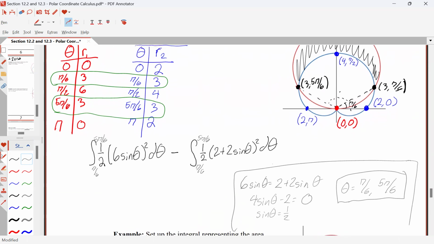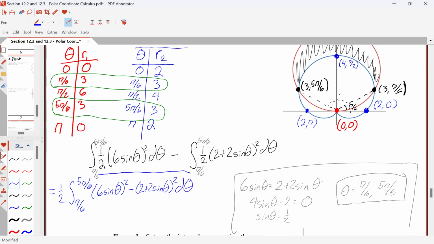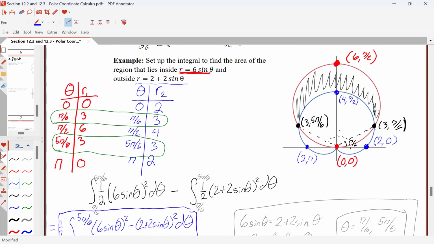So combining this into one integral, we will get the integral of 1/2 from pi over 6 to 5 pi over 6 of (6 sine theta) squared minus (2 plus 2 sine theta) squared d theta. And there is the integral set up that would find the region we wanted.